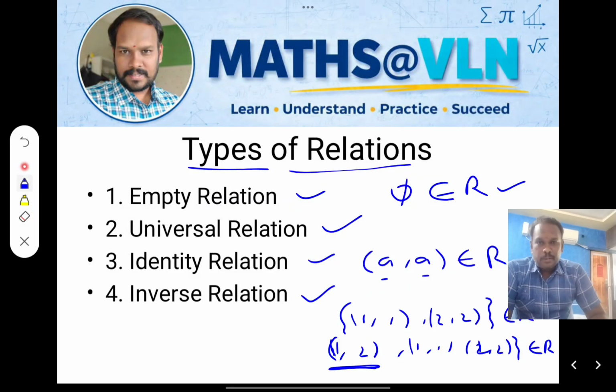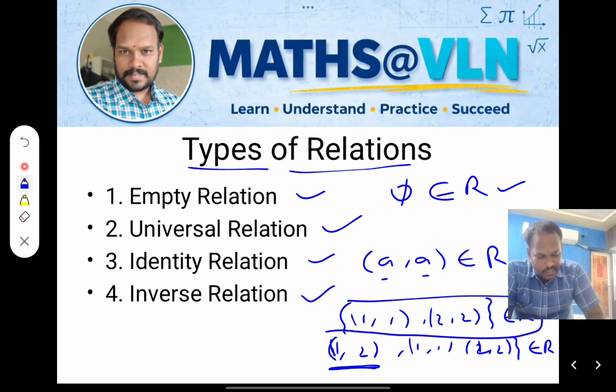That is the reason it is not an identity relation. If you want to say it is an identity relation, strictly it has to satisfy this condition: (a, a) belongs to R. It cannot allow any other ordered pairs in that particular relation.